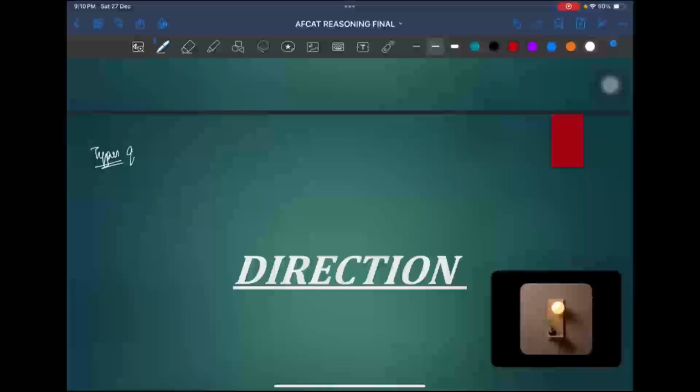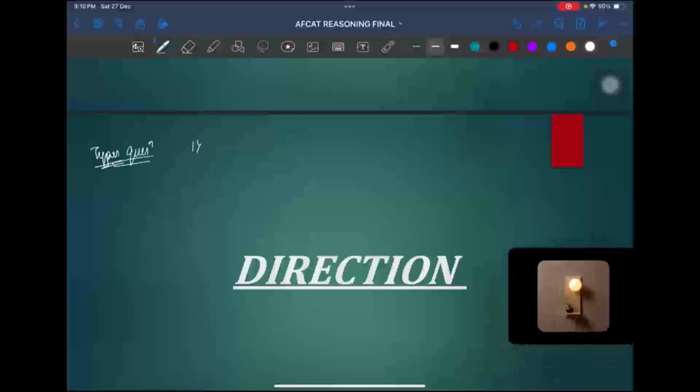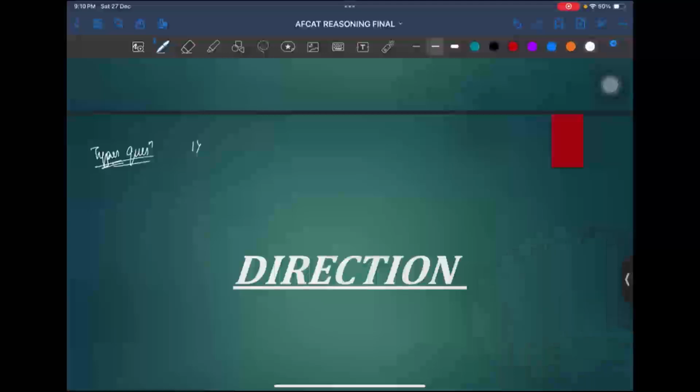Types of questions are majorly, first, they'll ask, for example, a person is moving in so and so direction, and at last he is towards some direction. So finally, what will be the position of the person from the initial position? That is, they'll ask the direction of a person.